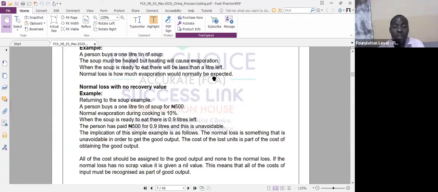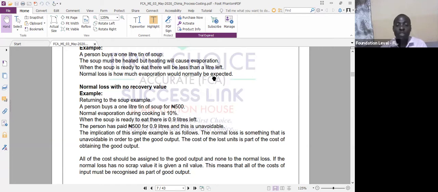But since you've already paid 500 for the soup, it means that the whole 0.9 liters is what the 500 naira is paying for, unlike the 1 liter of soup, which you actually paid 500 for. This is because you cannot recover the normal loss.